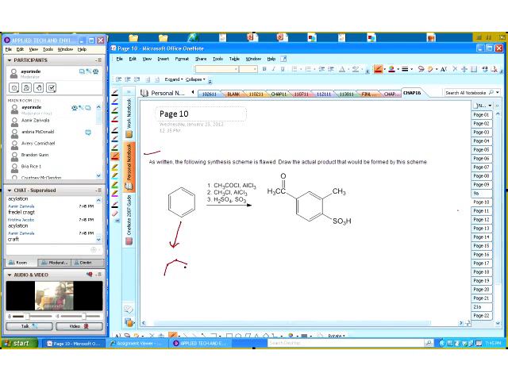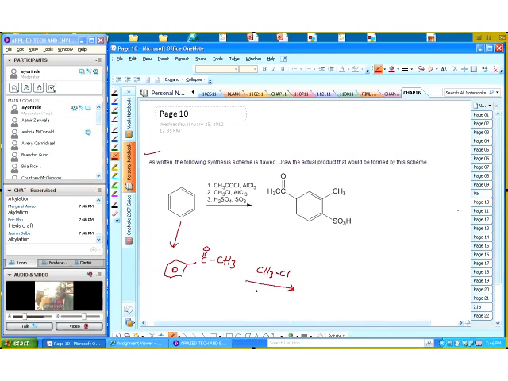So we have this here, in which you have this attached to benzene. Okay, so that is the first step. Very good, so far so good. Now, what is the next step? Does anybody know what the next step is? Another Friedel-Crafts alkylation, okay? So now they want us to do this.